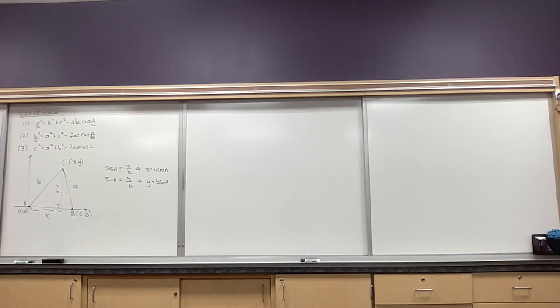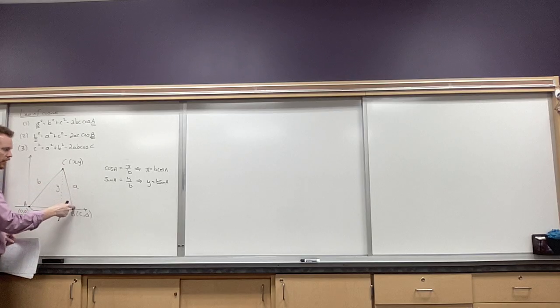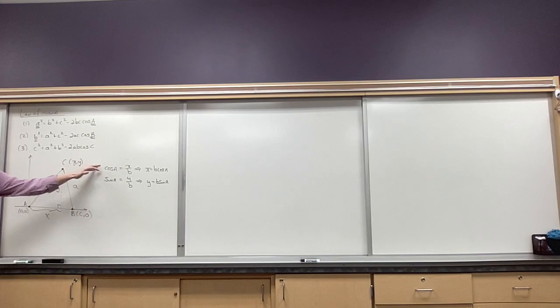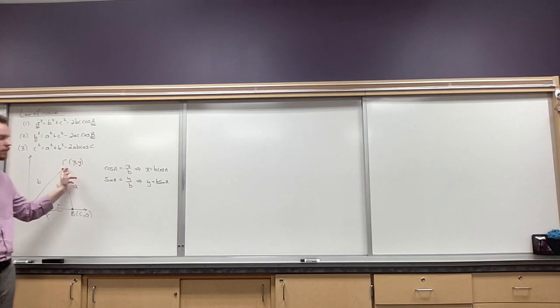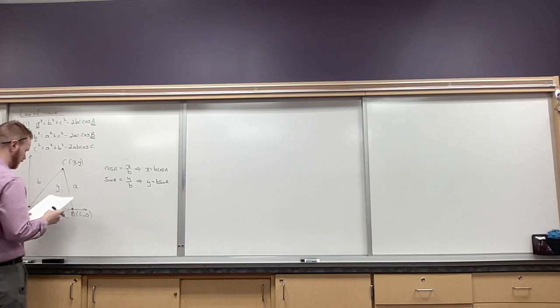Okay? Now, why did I go to that approach? If I want to find the distance between these two guys, I need to know what x and y are. I got to find their coordinates. So what I did is I created an equation that has x and y in it. And I used trig to do that. So now I have something for the x and y coordinates for this guy. Okay? So let me go ahead, I'm going to rewrite this.